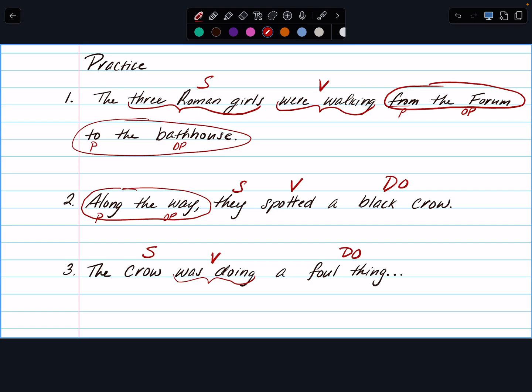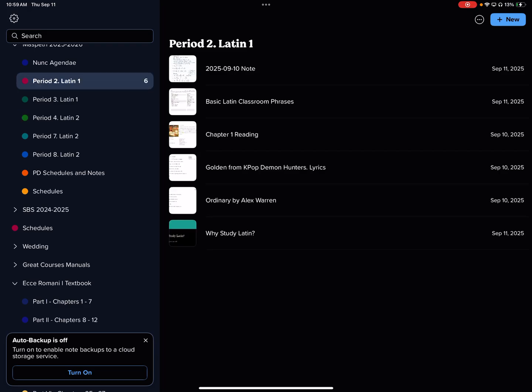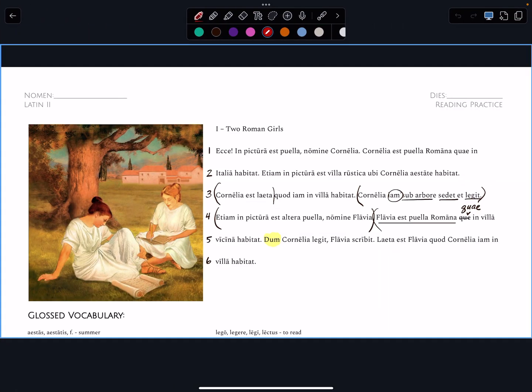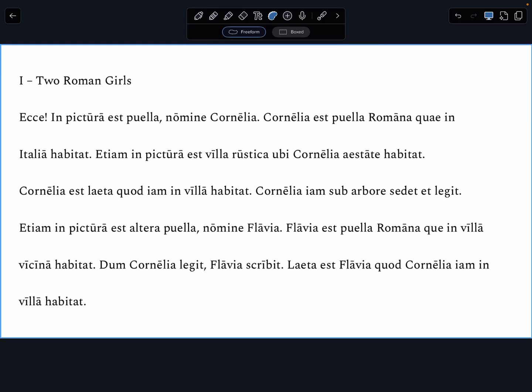Okay. So now that you kind of understand subject, verb, direct object, let's apply what we know in English to some Latin. Now I had you translate this the other day. You remember that? So you've looked at these words before.